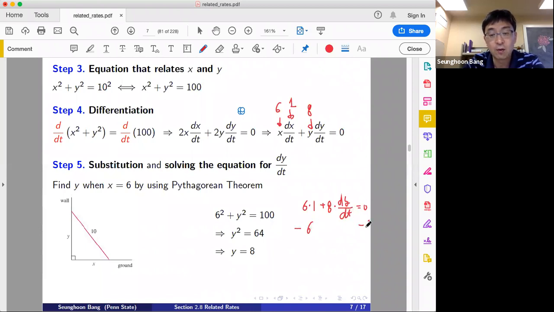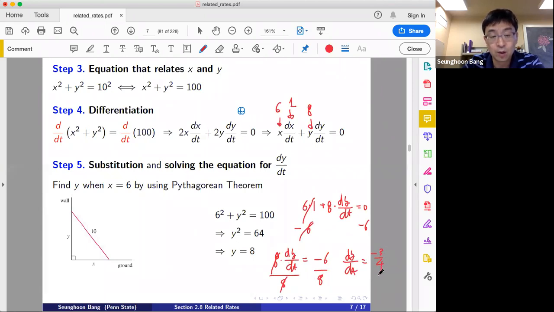Subtract 6 from both sides: 8 times dy over dt equals negative 6. Divide both sides by 8: dy over dt is negative 3 over 4.